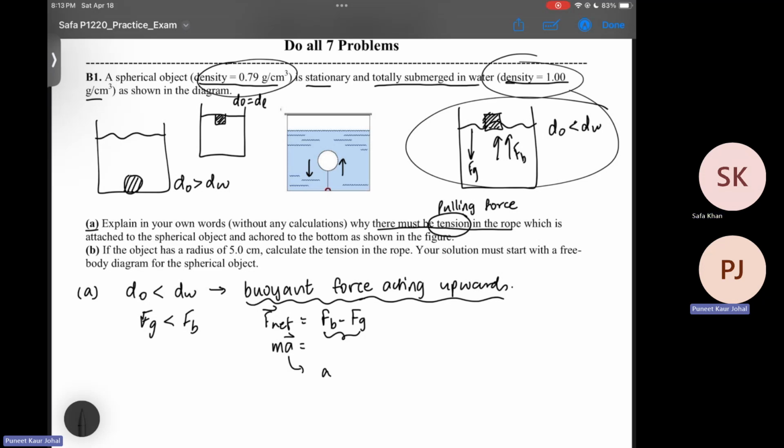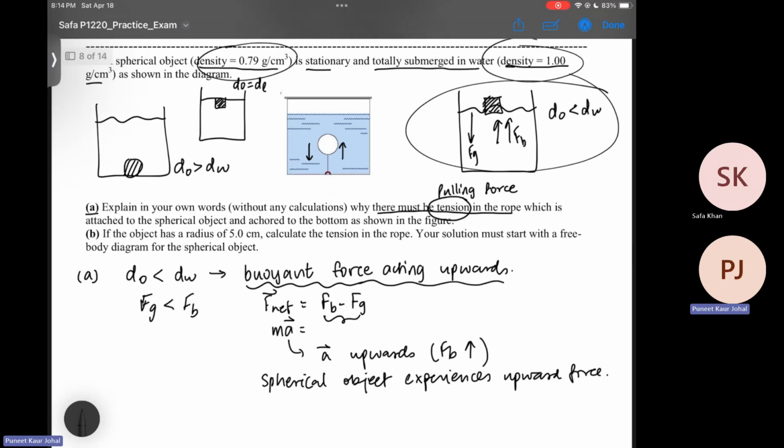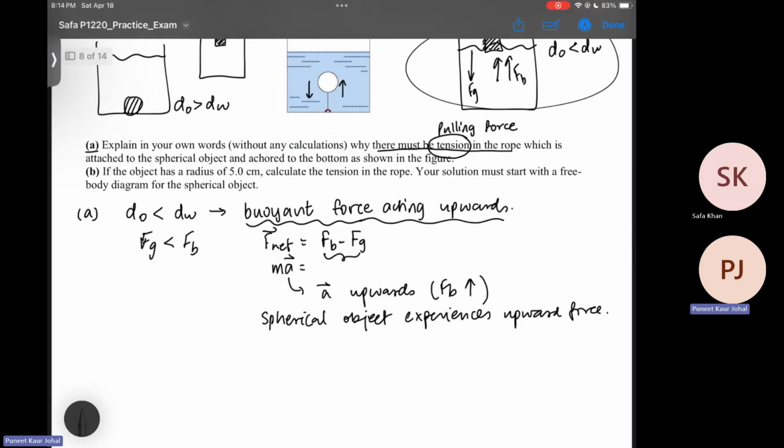And this acceleration will be in the upwards direction. Why? Because buoyant force is acting upwards. And because of that, the spherical object experiences an upward force, and that force is what leads to tension, right? Yeah, so that's part A.